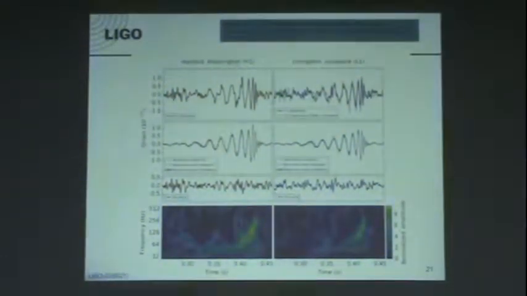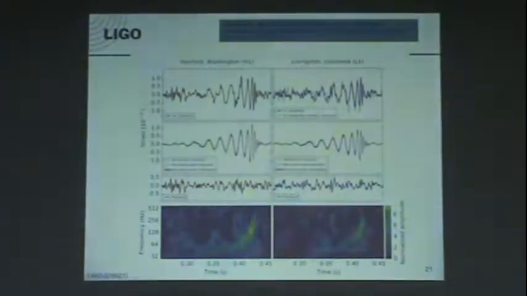And you can see in both cases, Livingston and Hanford, it's hard to see on this plot here, but the overlap between the numerical relativity theory and the data, the signal, is to the level that we can measure exact. So this tells us something very important. It tells us that these are general relativity black holes. So these black holes look exactly like you predict from general relativity.